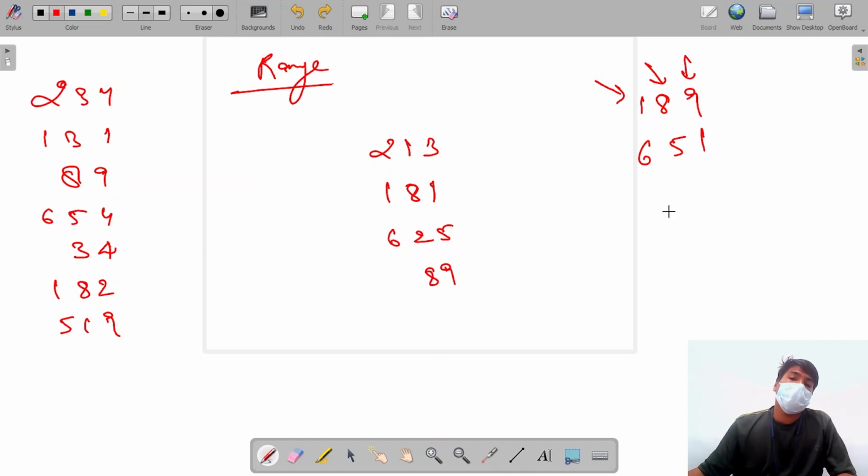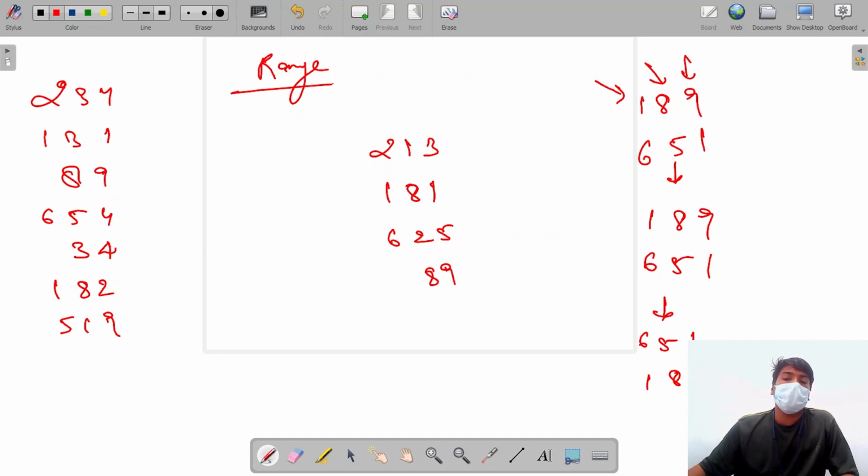Which one is greater, 1 or 6? Obviously 6 is greater, so it will be 189 and then 651. Then suppose I do sorting on the basis of tens. Hundreds is done, so on the basis of tens it would be 651 and 189.